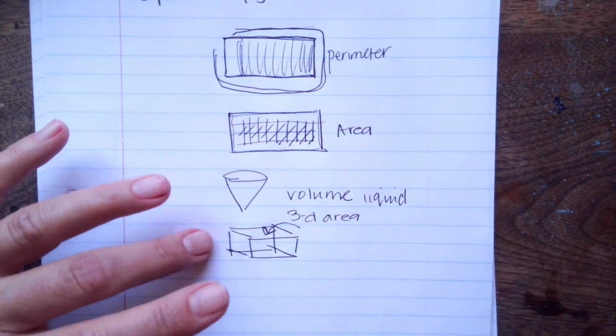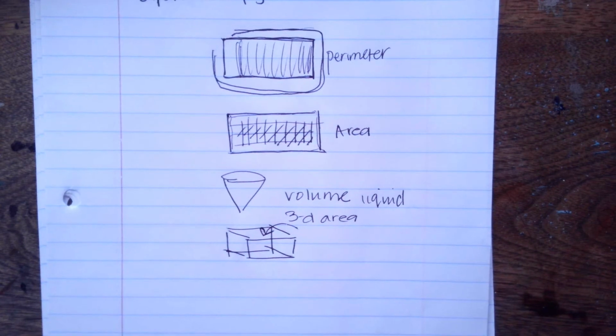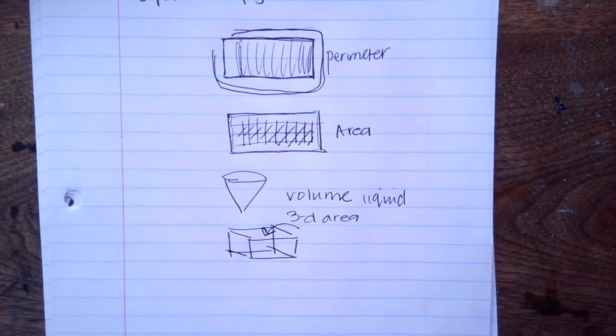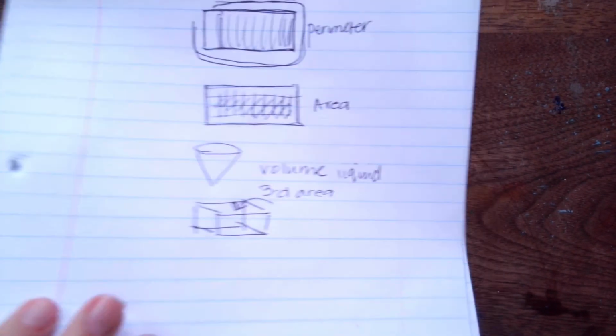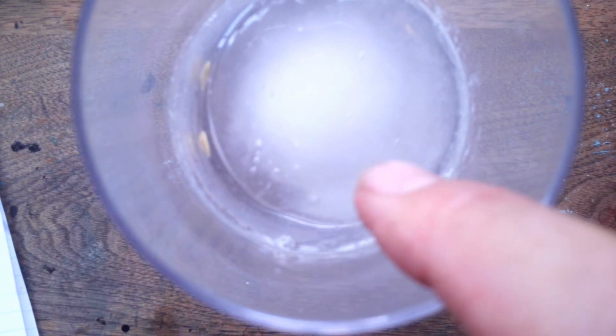So it has to be like a container. So for example, there's my water with lots of lemon in it. If I want to find out how much it can fit in here, I'm going to be measuring volume.